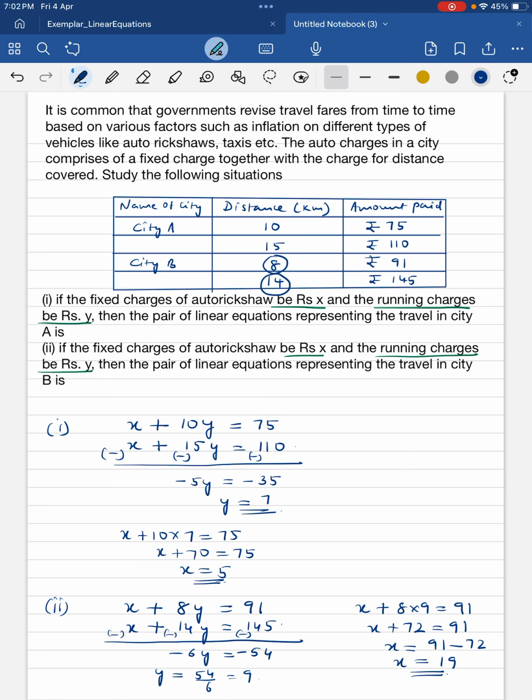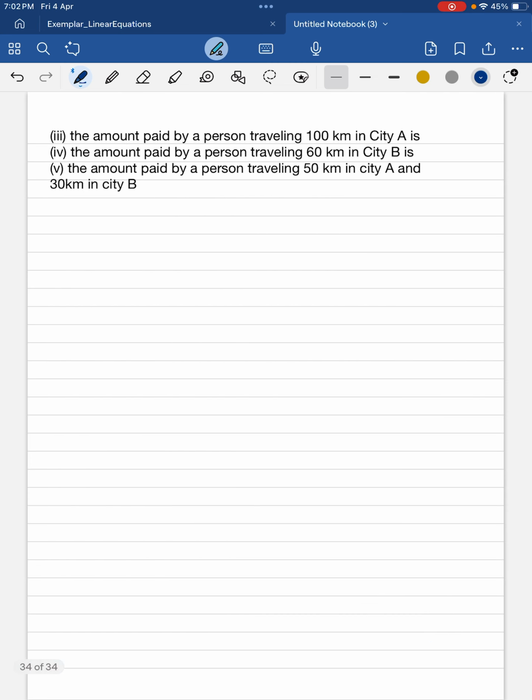Now let's look at the third part of the question. You have to find out the amount that a person has to pay if he's traveling 100 kilometers in city A. If he has to travel 100 kilometers, he'll anyway have to pay the fixed charge. Then the distance is 100 kilometers times y. So this should give me the amount to be paid.